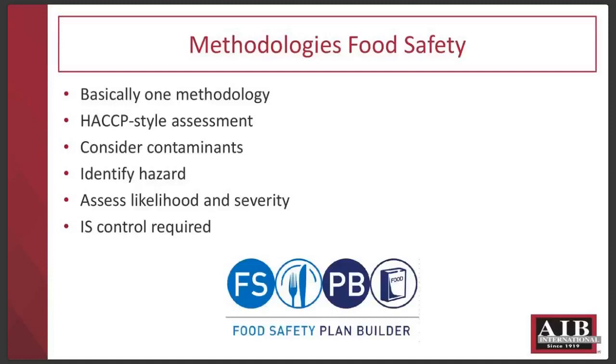We just need to consider those contaminants, which is biological, chemical, physical, radiological, and economically motivated adulteration. We identify those hazards and assess just the likelihood and severity if that event would occur. And we're looking at, is control required? So if we have a significant hazard, then we need to go ahead and implement some kind of control based on that risk rating that we gave it during our assessment. Pretty cut and dry because we've been doing this for a very long time.